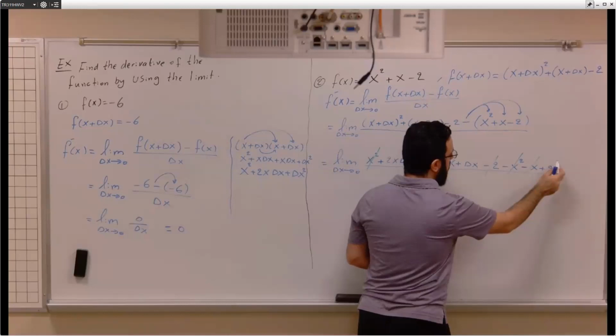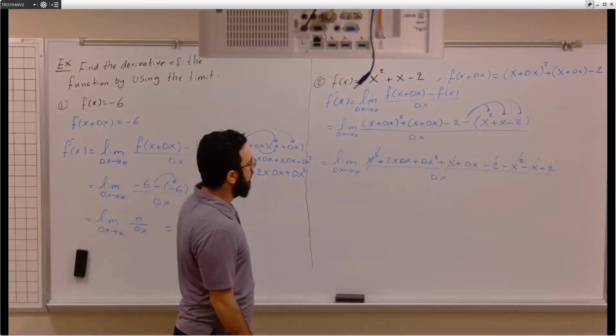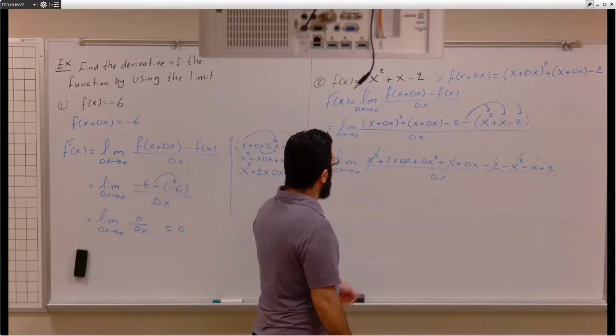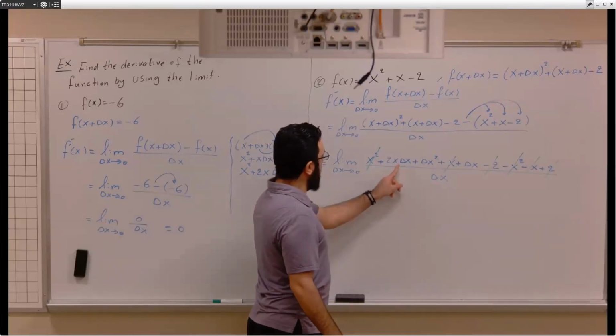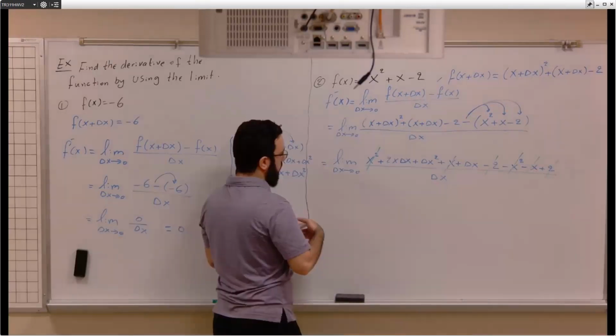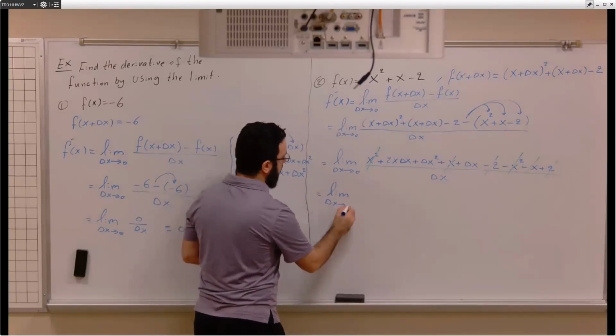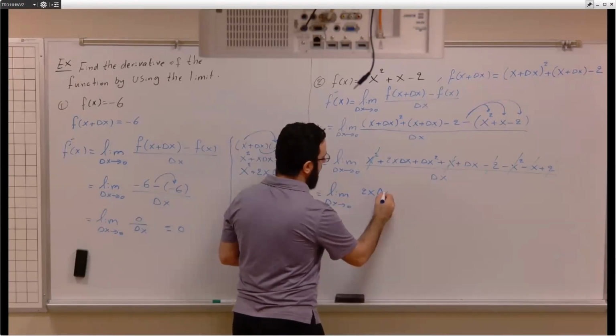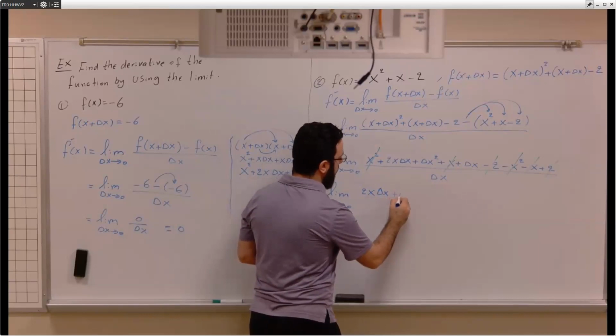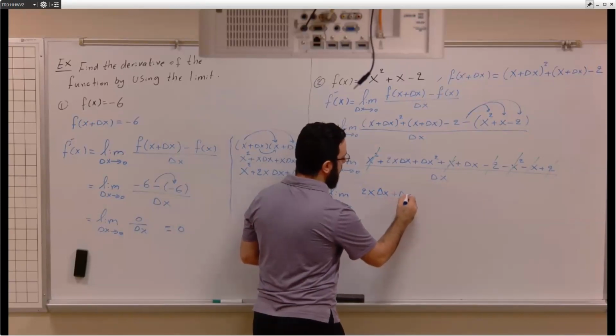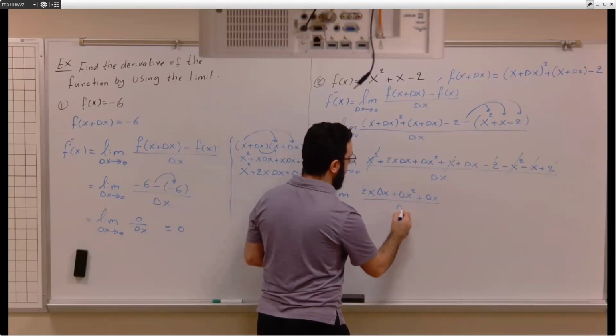See, everything here is canceled. What's left is this term, this one, and this one. So it's going to be the limit when delta x approaches 0, the left is 2x delta x plus delta x squared plus delta x, everything divided by delta x.